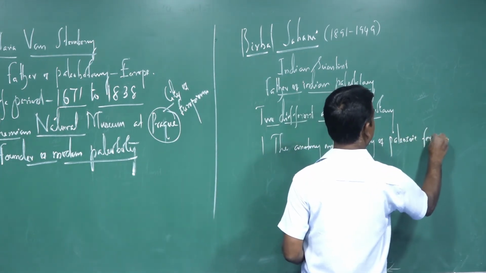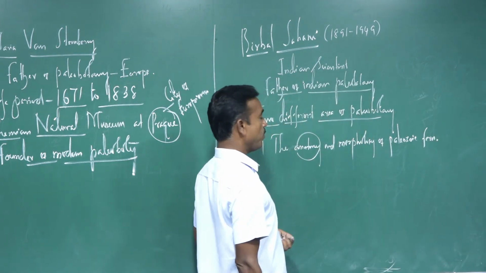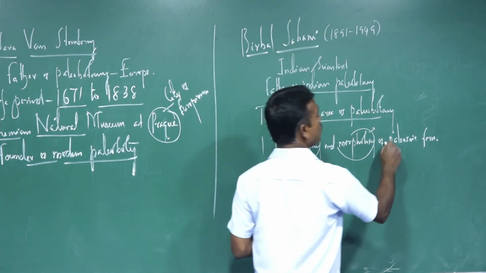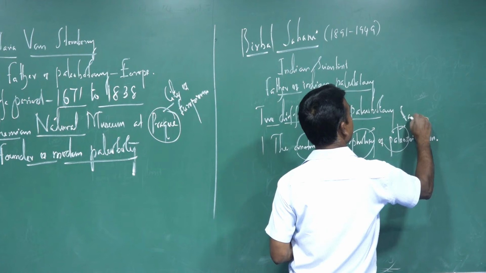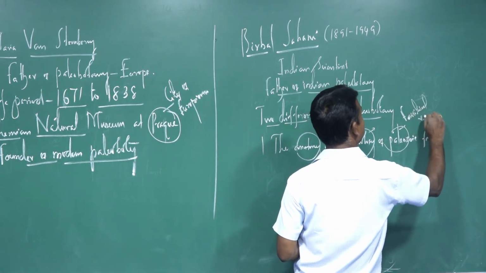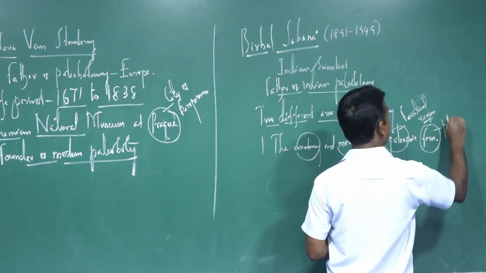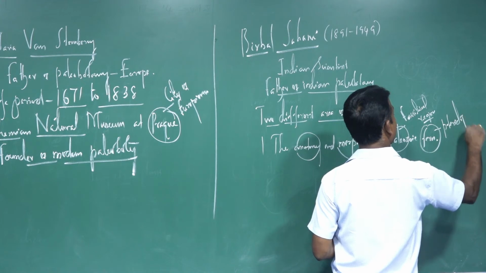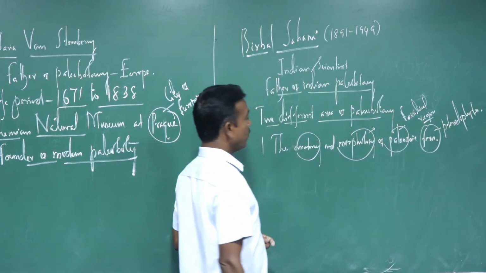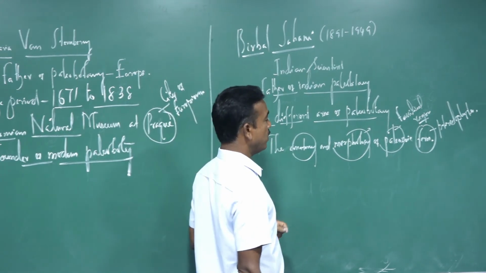This is the first thing. So you know that, what is the anatomy? Study of internal structure of plant body. What is the morphology? Study of external structures. What is the Paleozoic? These are fossilized regions. Fern is commonly called as a plant. This is the first different area: the anatomy and the morphology of Paleozoic fern.